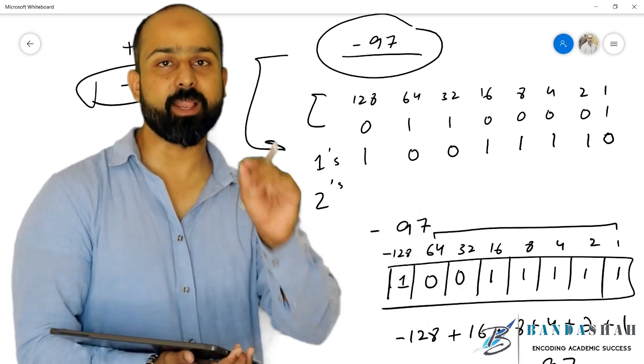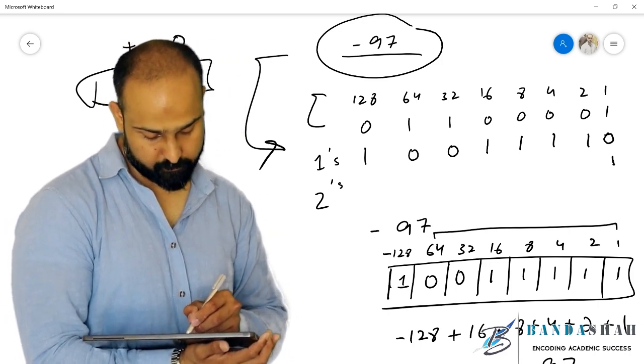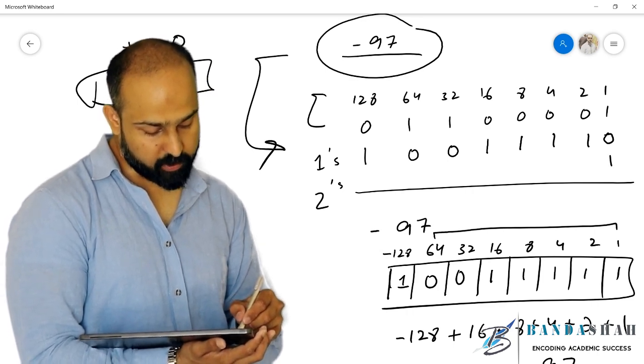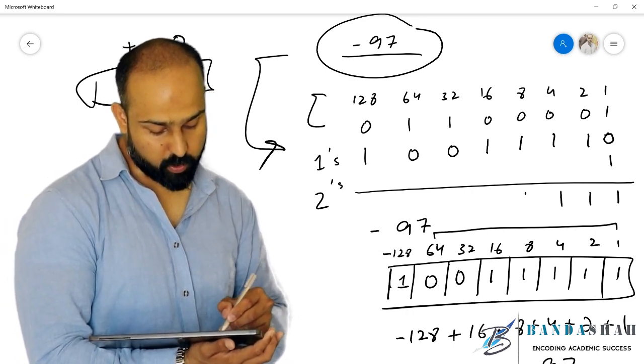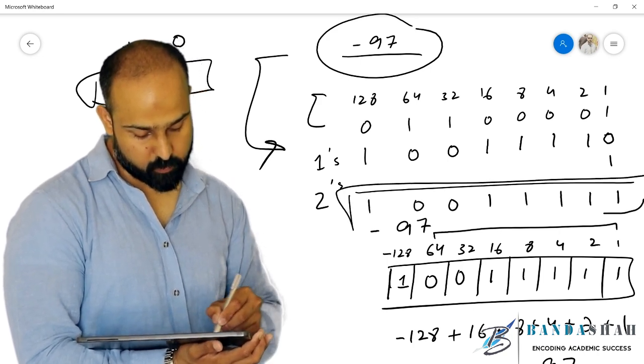You have to add plus 1 at the LSB right here. When you add 1, it will become 1, 1, 1, 1, 1, 0, 0 and 1. So this will be your answer.